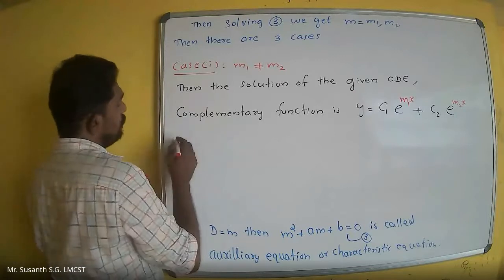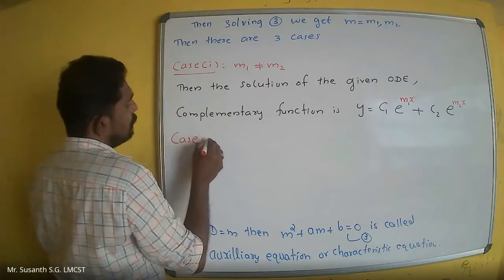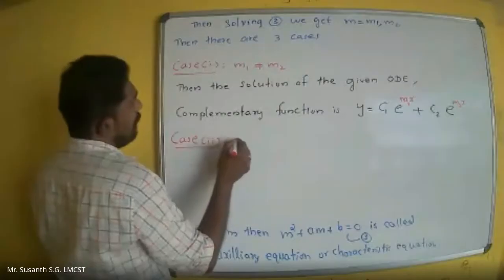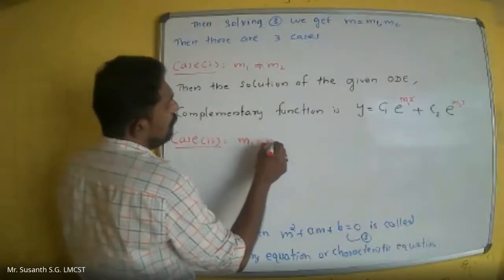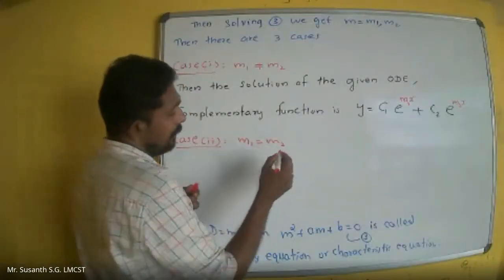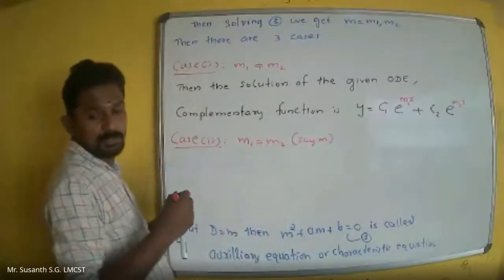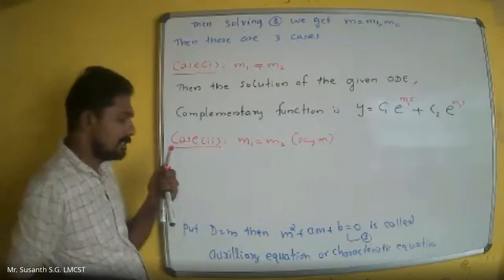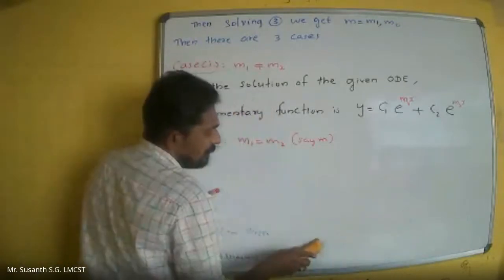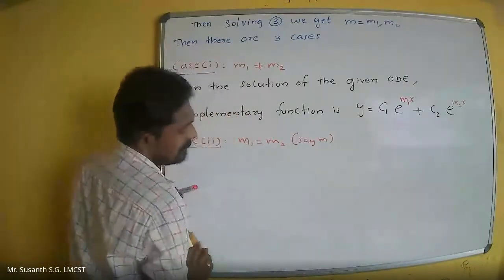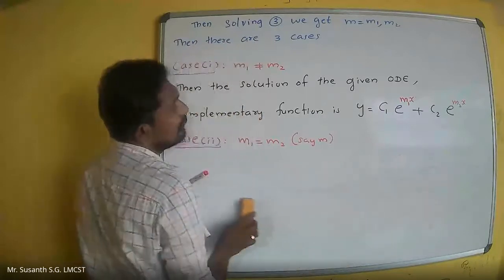Next, case 2: if m1 and m2 are real and equal, say m, these are the characteristic roots, the auxiliary equation roots.